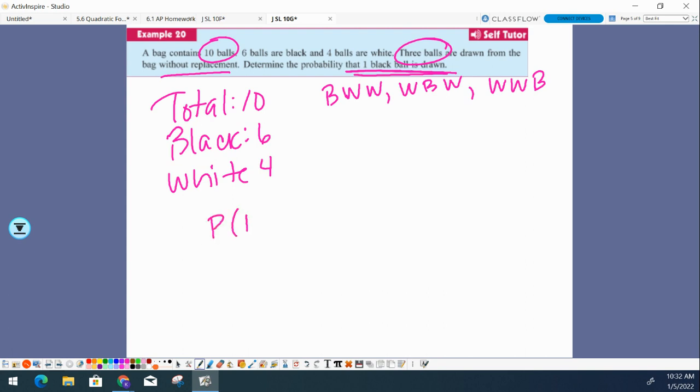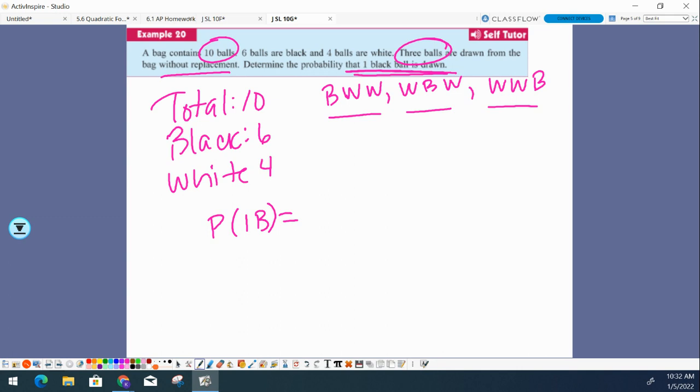All right, so probability of 1 black equals. If you think about this, we can either just find the probability of one and then take it times 3, or we can show it all 3 ways. You've got a couple of choices. Let me show you all 3 ways and how that could work.